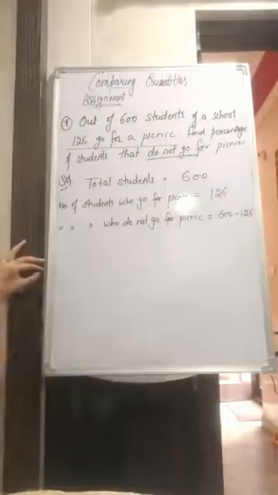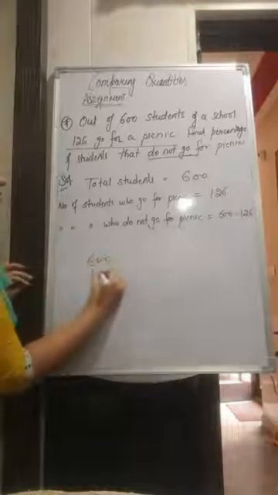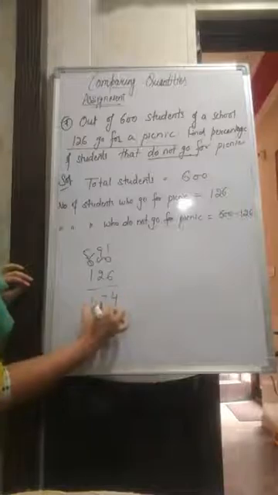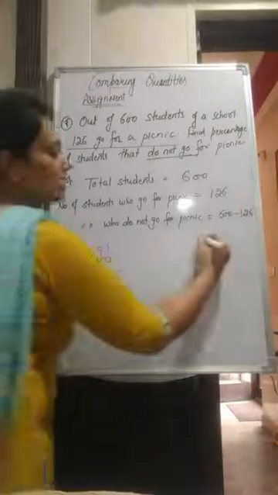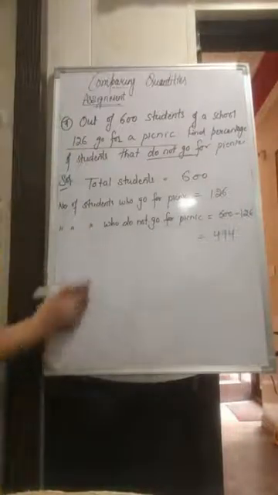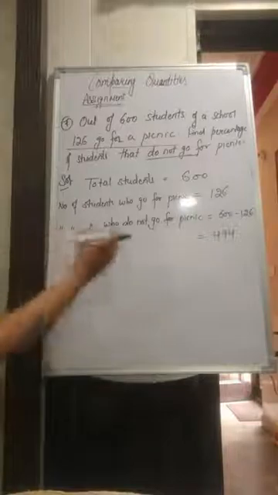So 600 minus 126 is 474. How many students do not go for picnic? 474. Now we have to find the percentage.